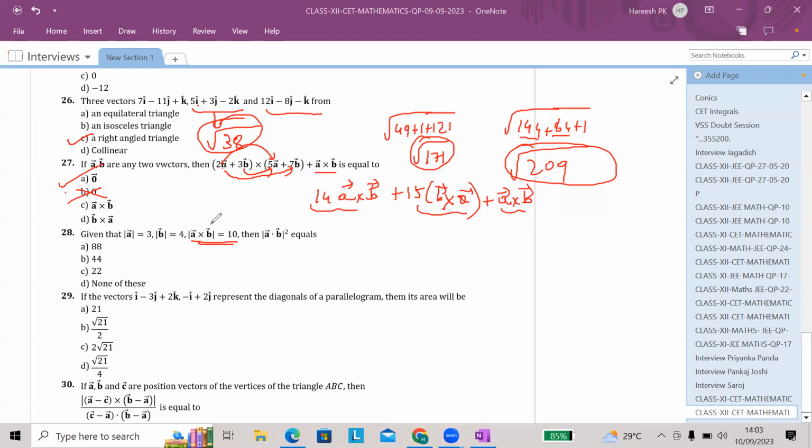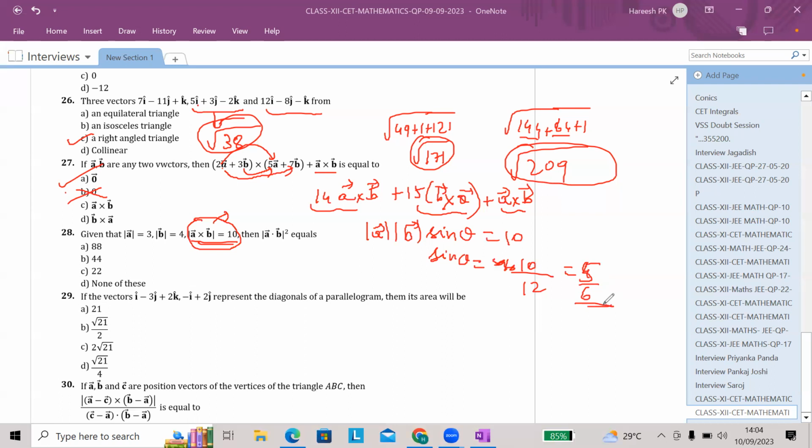Now, how do we solve this question? With this information, we should find out the angle between A and B. Mod of A cross B is mod A, mod B, sine theta. So from here, we get that sine theta is 10 by 12, which is 5 by 6.